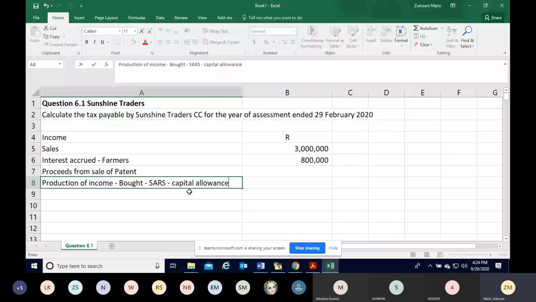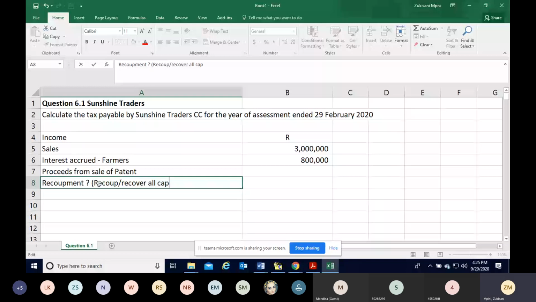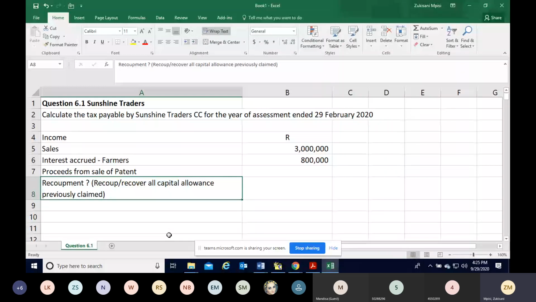So what SARS then does is to say, now we need to calculate recoupment, because I need to recoup or recover all capital allowances previously claimed. So this is what SARS says. I need to recover all the capital allowances that were previously claimed.